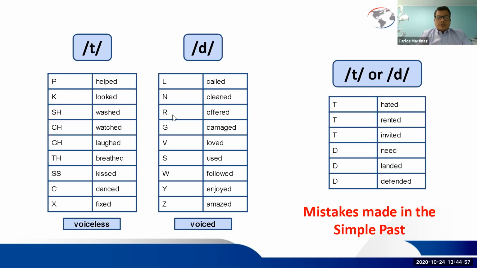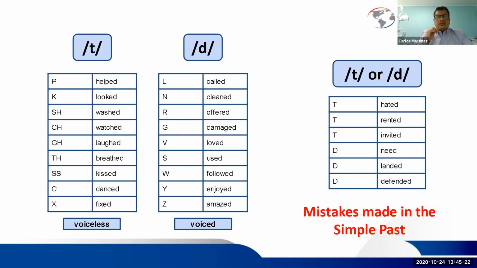Offer. We're not going to say "offert," no, "offered." The same with damage. We're not going to say "damagt," no, "damaged." Love. We're not going to say "lovt," no, we'll say "loved." And the same with the following: used, followed, enjoyed.